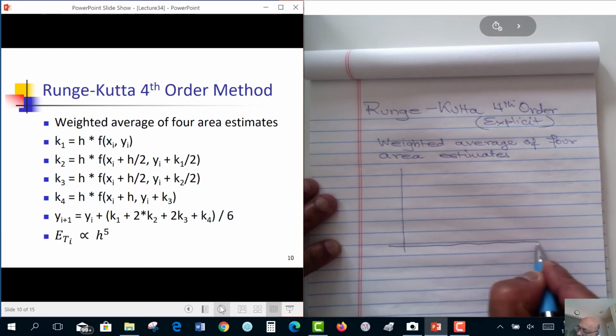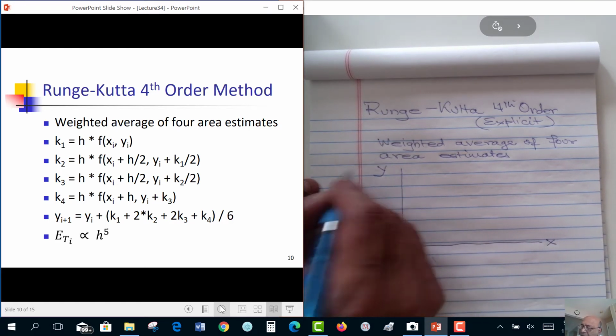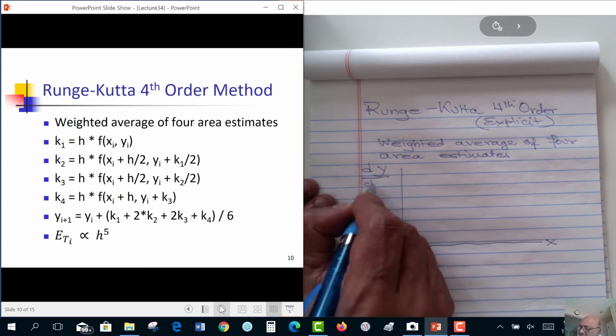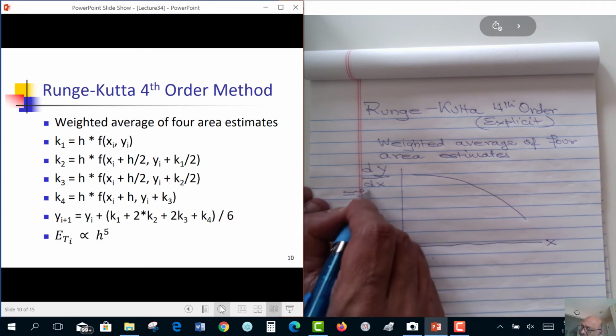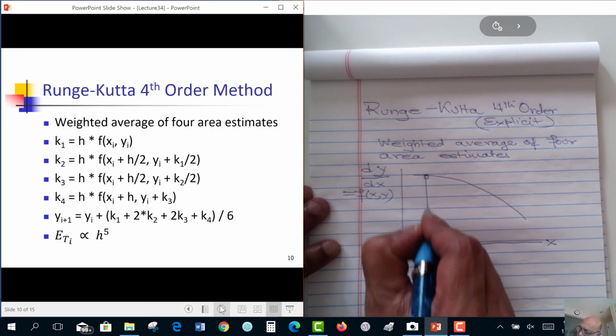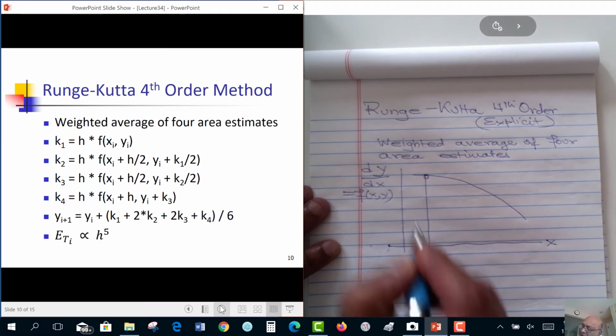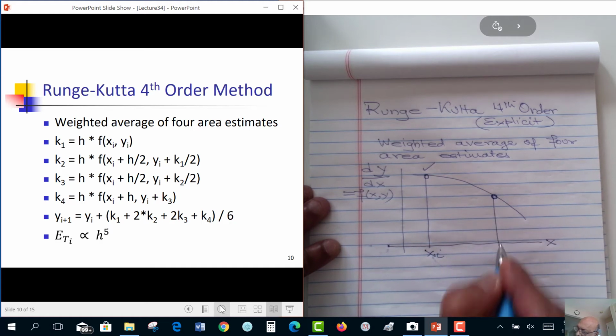So let's see how it does that. Again, let's see it graphically first. So this is our dy dx. Remember, this is a function of x and y. At xi, we know this function value. At xi plus 1, we want to find yi plus 1.